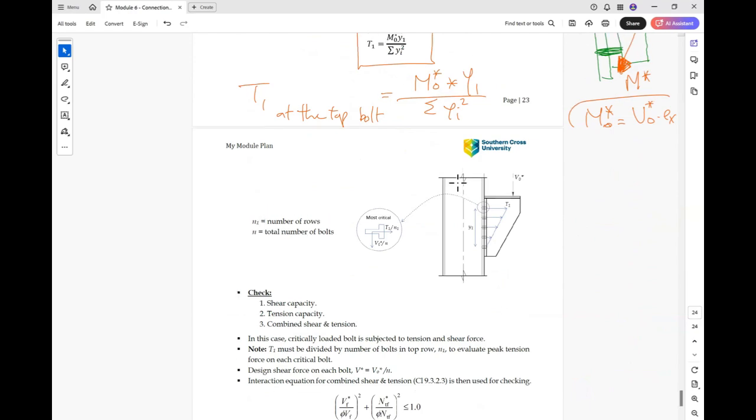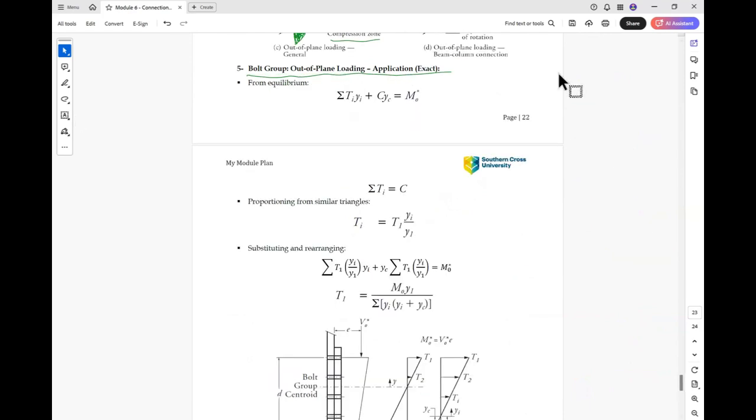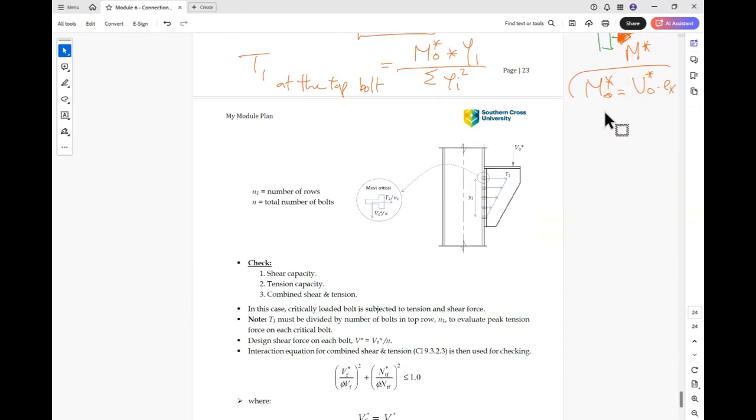So for example here, Y1 will start from the bottom bolt to the top bolt. So the distance from here to here is Y1. If we have this example here, we have 1, 2, 3, 4, 5 bolts.